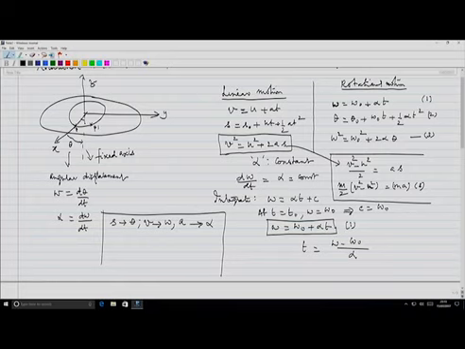This is the drop in kinetic energy, and that must go as the work done on the particle by the force. M into a is force into distance. So this is the so-called work energy theorem. We are going to come across the rotational analog of this a little later.